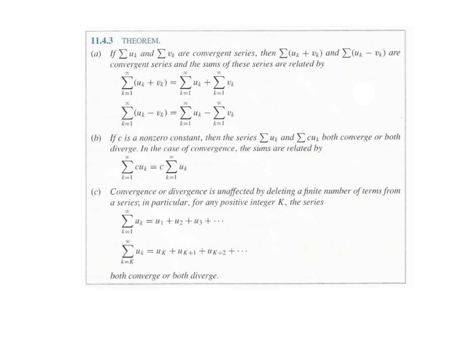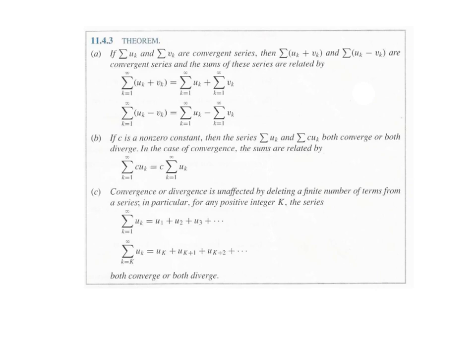Part B, again, really intuitive. If C is a non-zero constant, then you can factor it out. It's really GCFing from an infinite number of added or subtracted terms. That one makes intuitive sense. And C sounds like a made-up rule, but when you think about it, it's really the divergence form of the eventually clause in sequences.